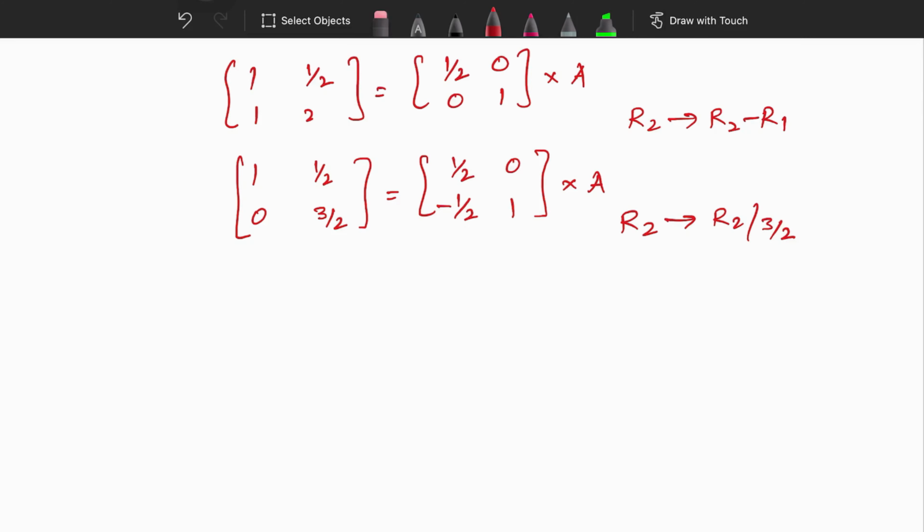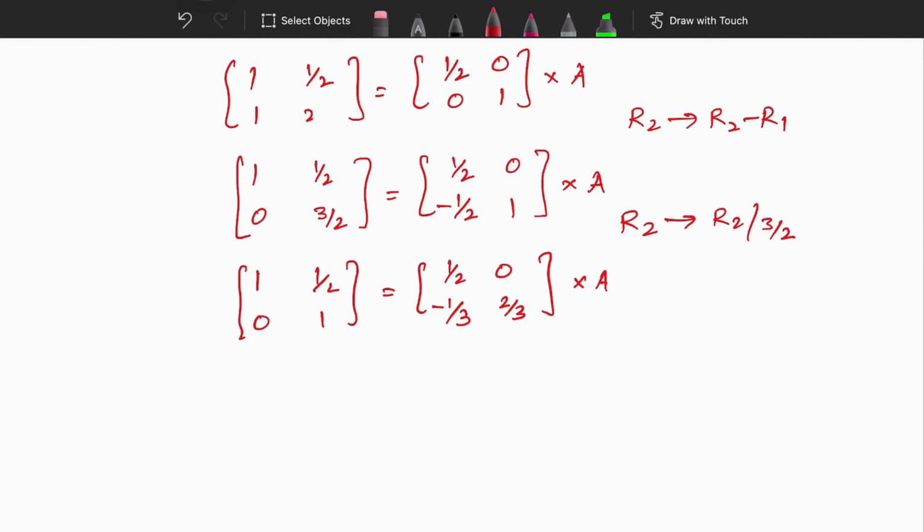I will divide by 3 over 2, so I will get 1 in here. 1 would not change, 1 and 1 over 2 as it is, 0, and this is going to be 1 because you are dividing 1.5 by 1.5. On this side, the first row would not change, 1 and 0. When you divide negative 1 over 2 by 3 over 2, you will get negative 1 over 3. And here 1 is divided by 3 over 2, you will get 2 over 3 times A.